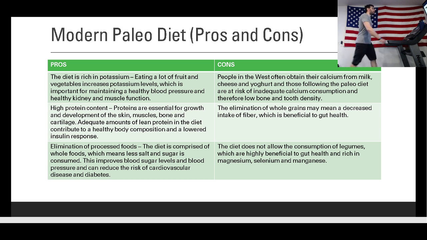It really is, right? Flipping to the con, the elimination of whole grains could mean a decrease. Didn't know that. Oh yeah. It's what they help balance one another out. Yep. And then fats, right? Fats produce the hormone leptin, and leptin is the hormone that tells your body that you're full.